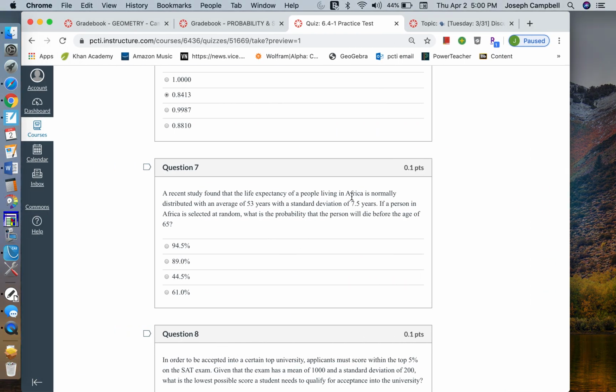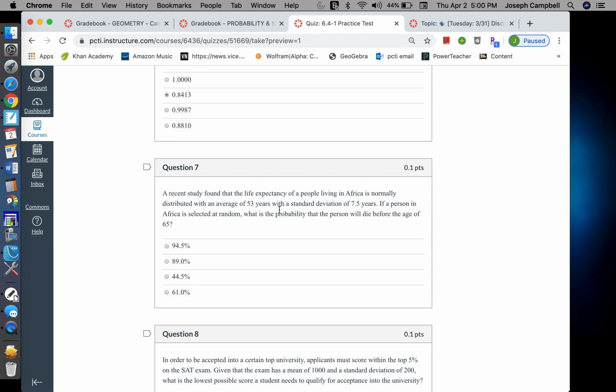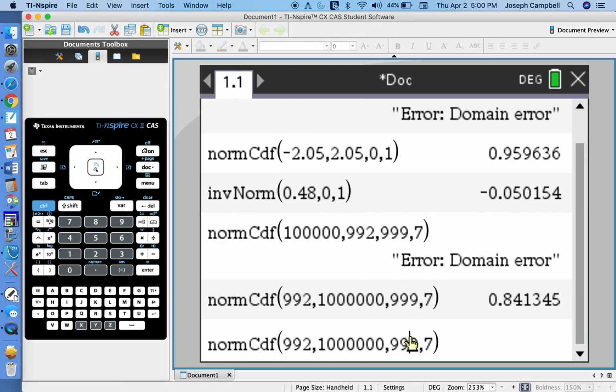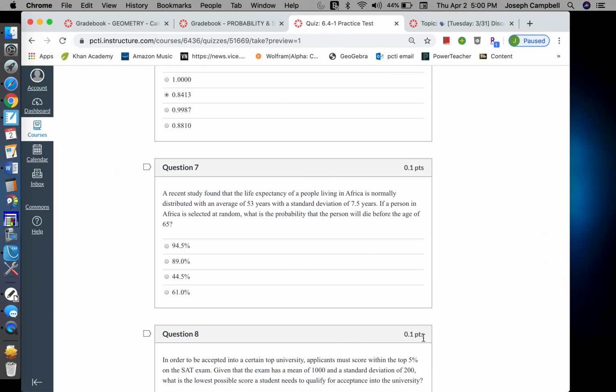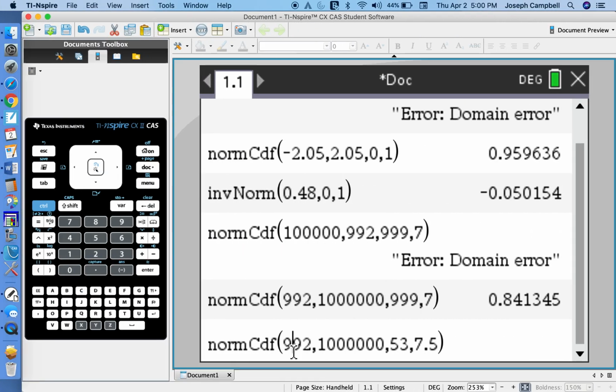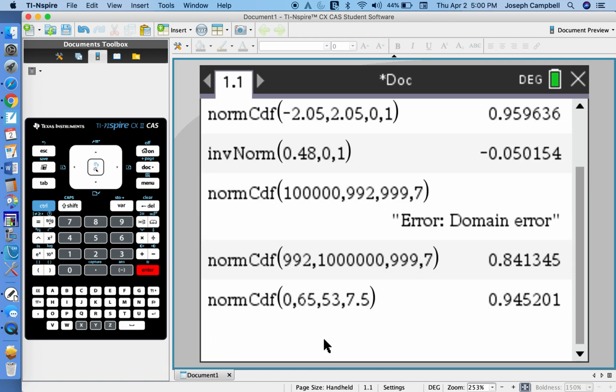Okay, so average 53, standard deviation 7.5. What's the probability? If you're looking for probability, you're looking for area. Before 65, so my lower bound is 0, upper bound is 65. Oh geez, 94.5%.